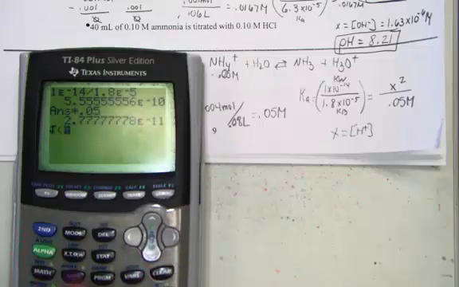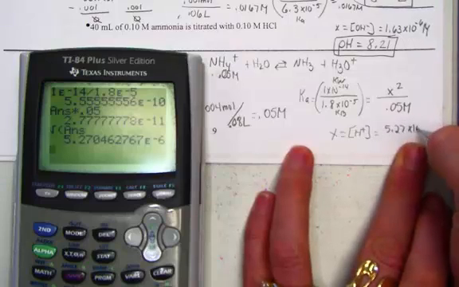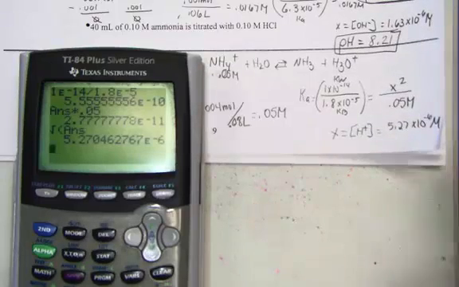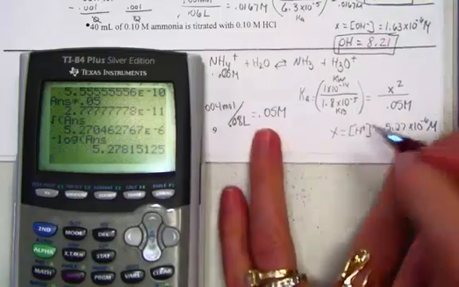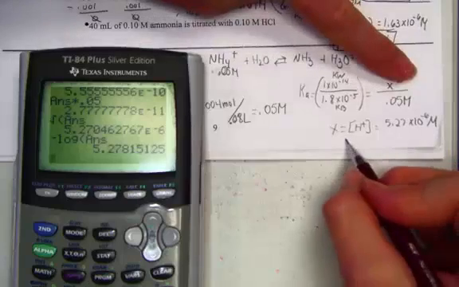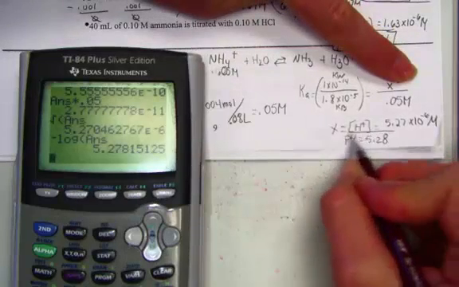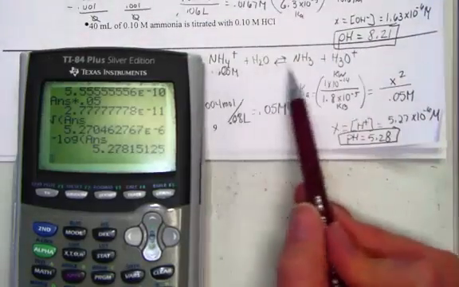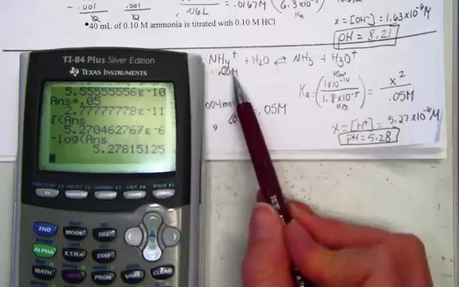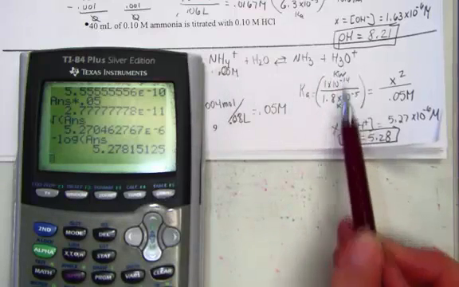Square root my answer, and hydrogen ion is looking as 5.27 times 10 to the negative 6th molar units. Negative log the hydrogen directly, and we get a pH of 5.28 pH units. That definitely makes sense. We are showing a hydrolysis of an ammonium producing hydronium, and 5.28 is in the acid range.